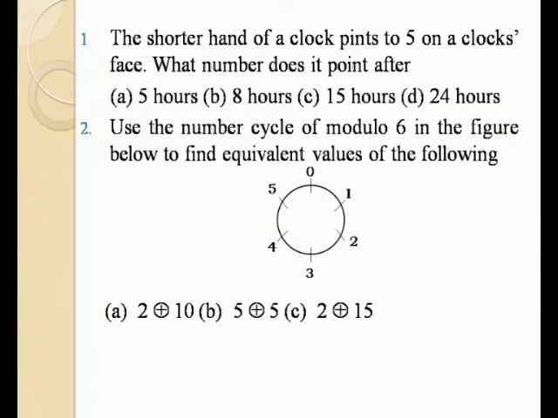The first example: the shorter hand of a clock points to 5 on a clock face. What number does it point to after: A, 5 hours, B, 8 hours, C, 15 hours, and D, 24 hours? Let's just draw our clock.